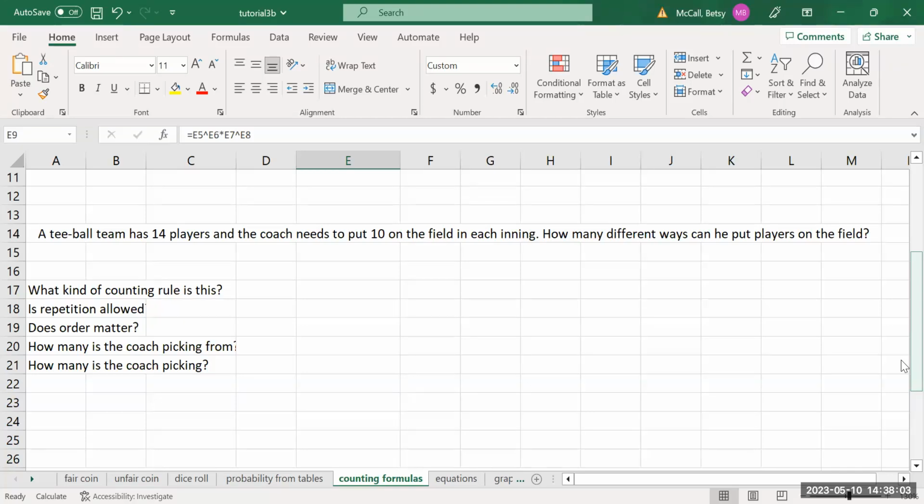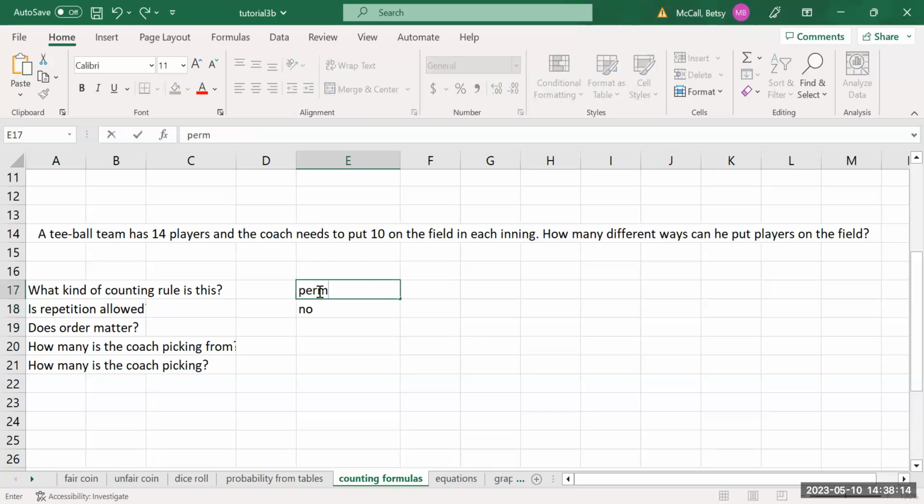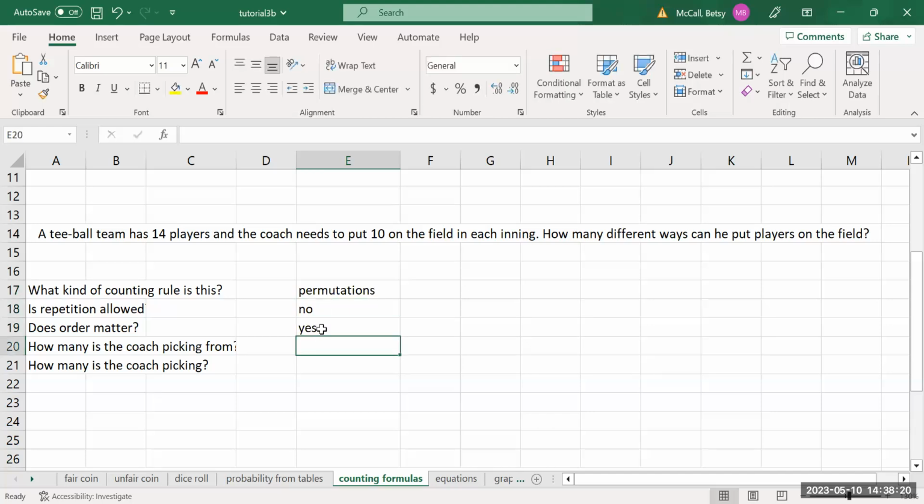But there's a faster way to do this. This fact that we're not allowed to reuse people means that this is a permutation rule. Now, permutations care about the order because it is different. It's a different configuration of the infield if you put player A on the pitcher's mound and player B at first base, whereas if you switch them.